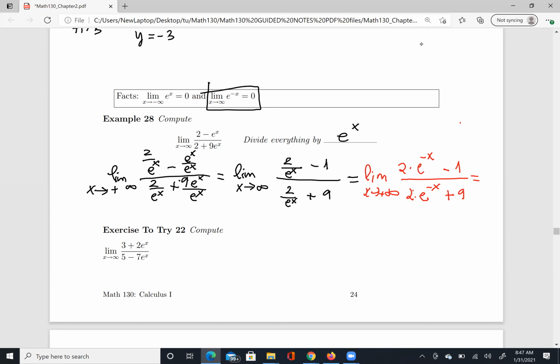So now you have negative 1 over 9 as the answer.